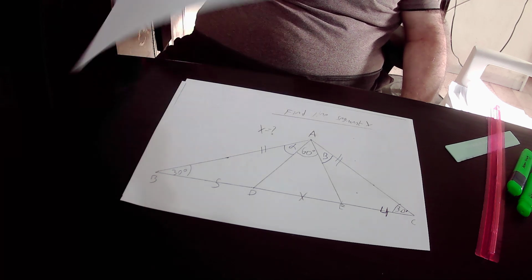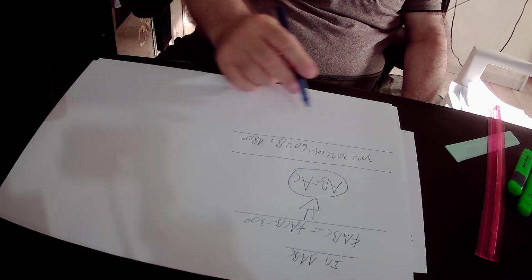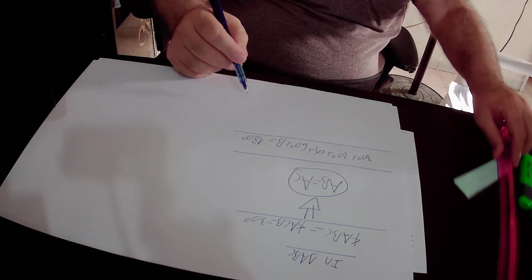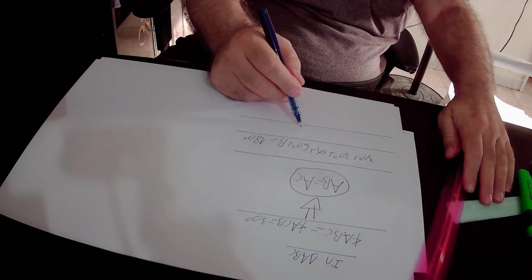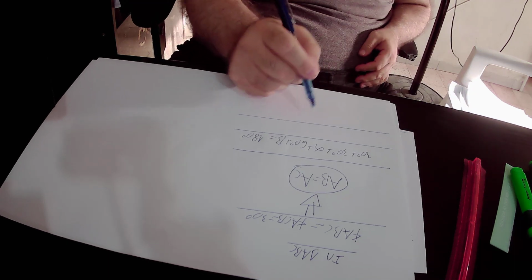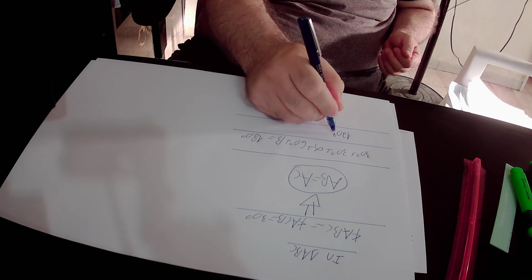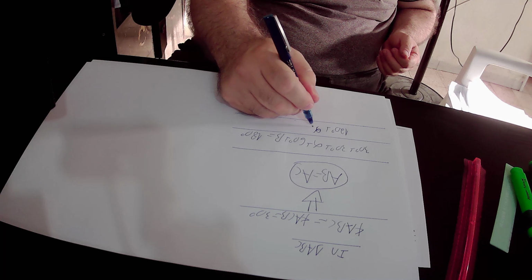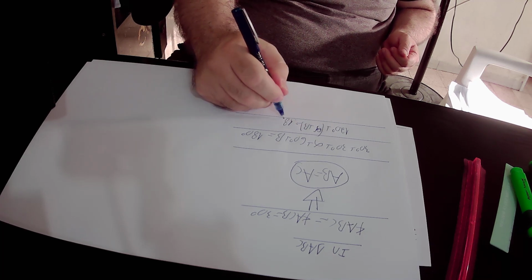This equation states that the sum of the angles in triangle ABC equals 180 degrees. On this side of the equation, 30 degrees plus 30 degrees is 60 degrees, and 60 degrees plus 60 degrees is 120 degrees, plus alpha plus beta equals 180 degrees.